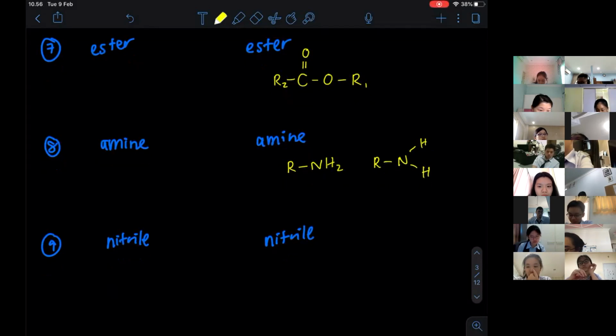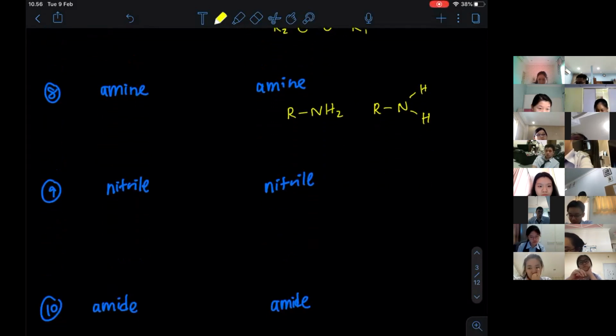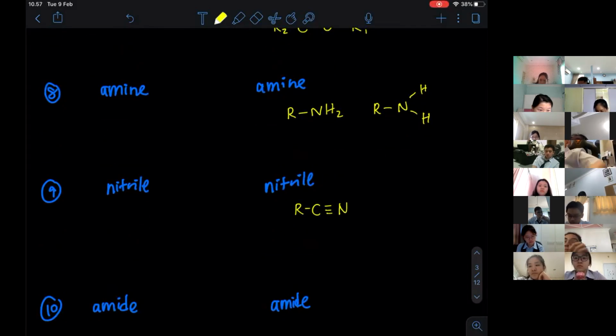Then you also have what we call nitrile. Nitrile is anything that has this. Each carbon will have 4 bonds, and each nitrogen has 3 bonds. If you have CN, they are called nitrile.